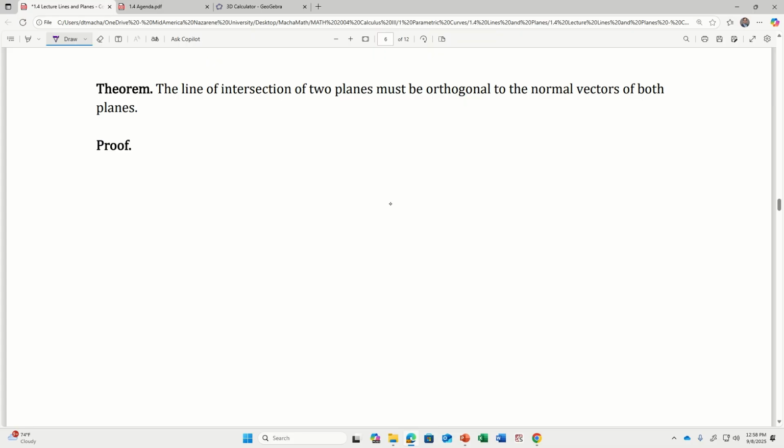What I would say if someone asked me for a proof is I would say the line of intersection belongs to both planes.